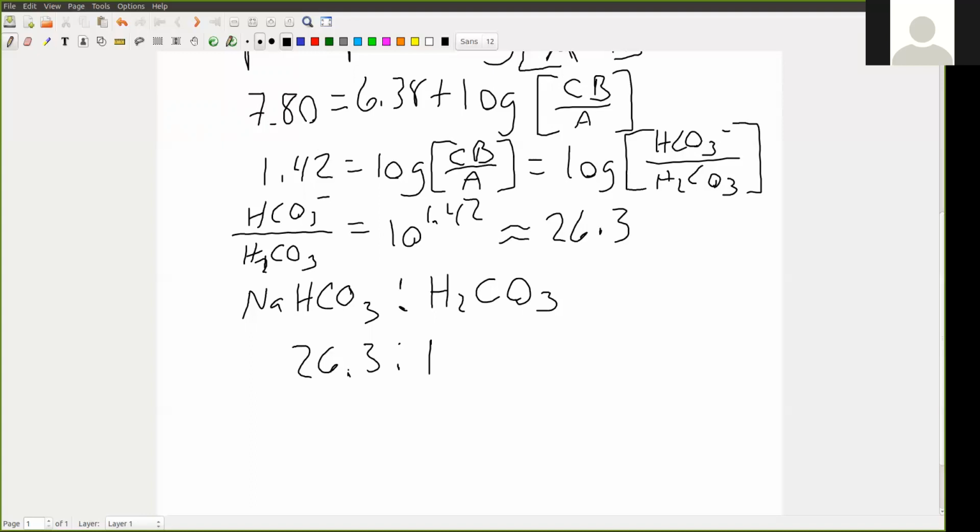But for the purposes of this hypothetical, this works. So if you want to prepare this in solution, you would get 1 liter of water, simple enough, and put in 26.3 moles of NaHCO3 and 1 mole of H2CO3, and you would get something very close to pH of 7.8.